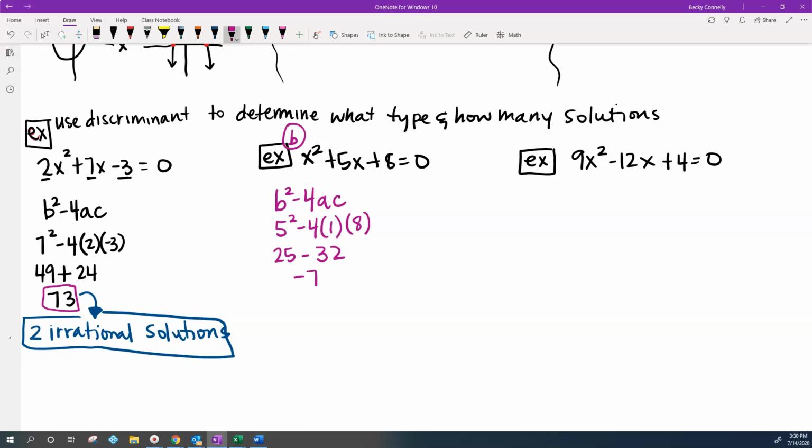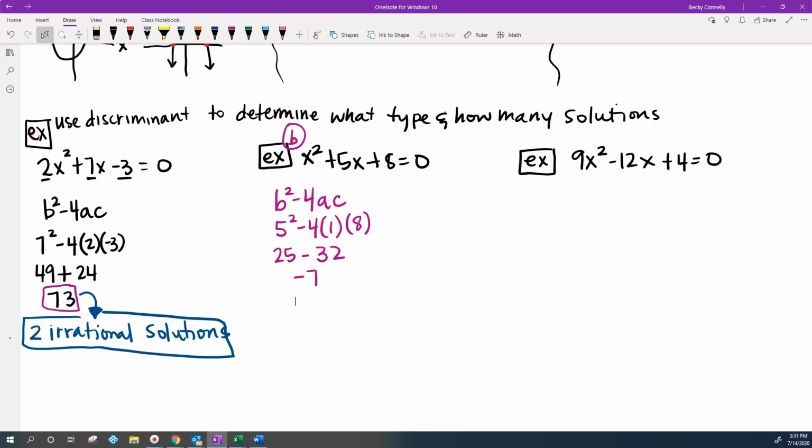So what kind of solutions and how many are we going to have? Okay, awesome. So complex irrational solutions. Because if it was a perfect square, it would be a complex rational solution.